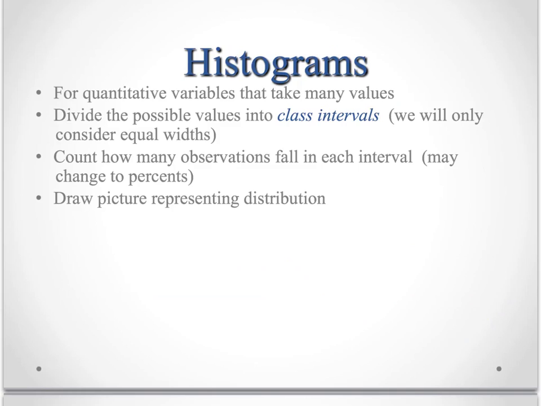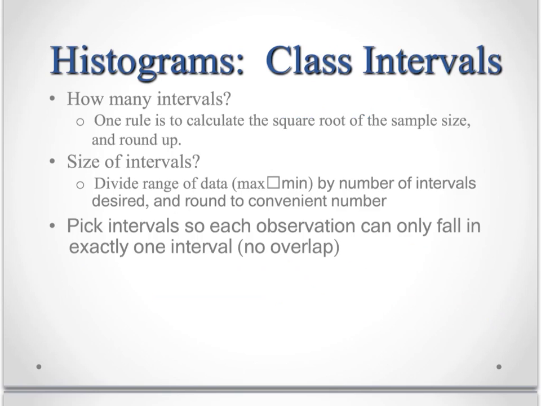And then we'll draw a picture representing the distribution and look similar to a bar graph, but there are some distinctions that we need to discuss. So first of all, you have to figure out how many intervals. So one rule is you're going to calculate the square root of the sample size and round up.